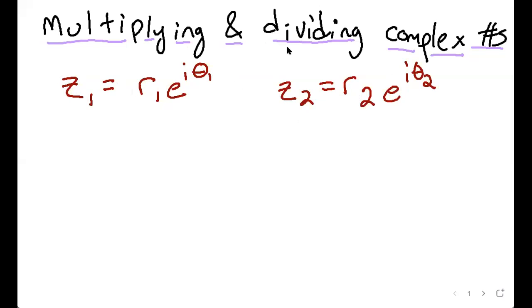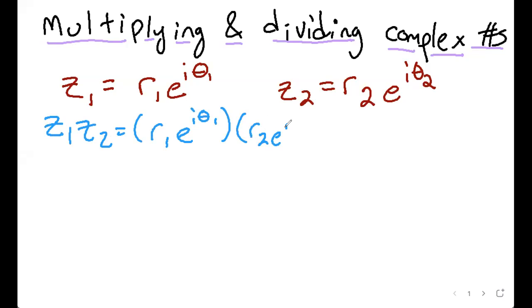Well, if we want to form the product of these two numbers, Z1 Z2 is just, copy pasting everything, R1 e to the i theta 1 times R2 e to the i theta 2. We can put the R1 and R2 together, and then we have e to the i theta 1 times e to the i theta 2.